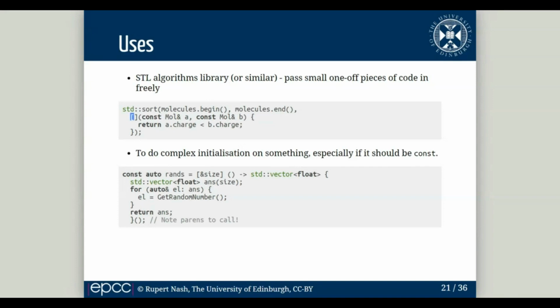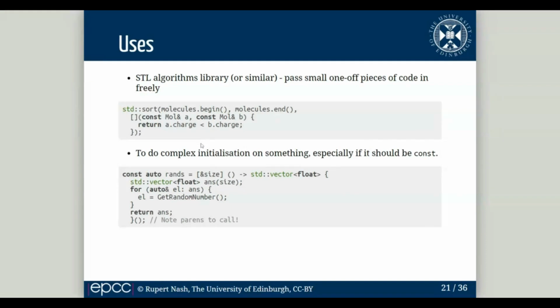We've got zero captures, molecule A, molecule B, and comparing, we're returning. So these are const, and we're going to make a comparison between the charges of the two molecules and return whether one is greater than the other, true or false. It's just a Boolean value.